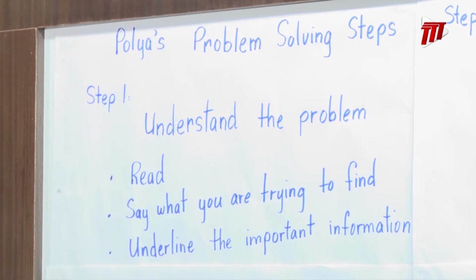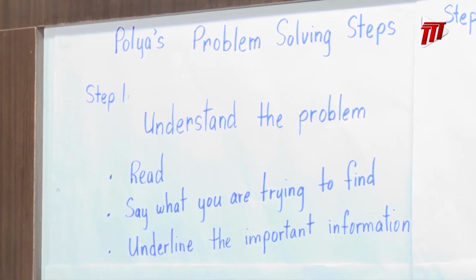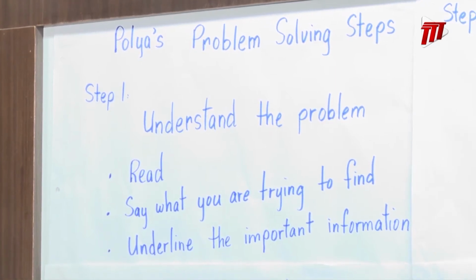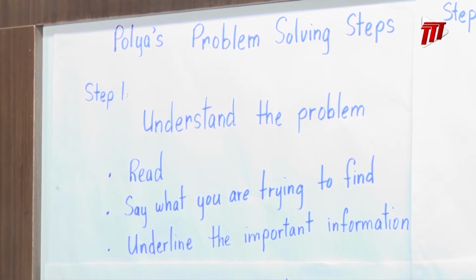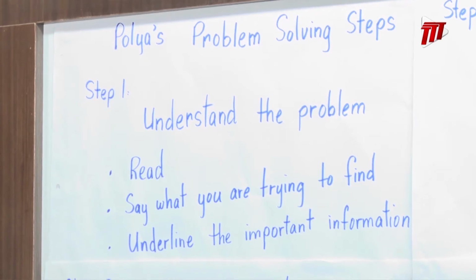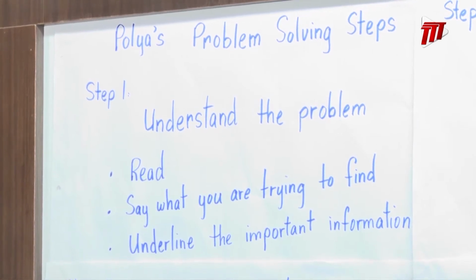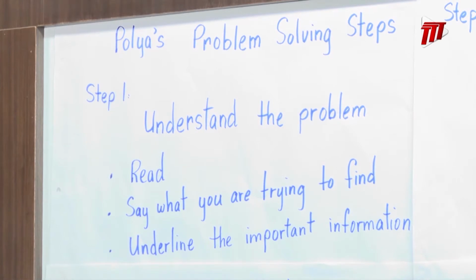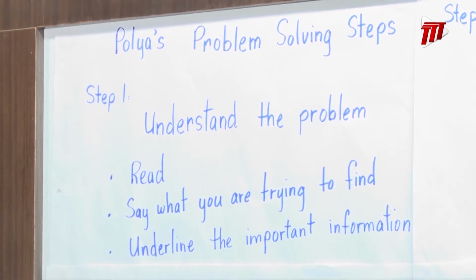Maybe the first time you read it, you didn't fully comprehend what the question was asking. So we might have to read it a second or third time. Say aloud what you are trying to find. Underline the important information in the problem. Let's go through again. The first step is that you must understand the problem.